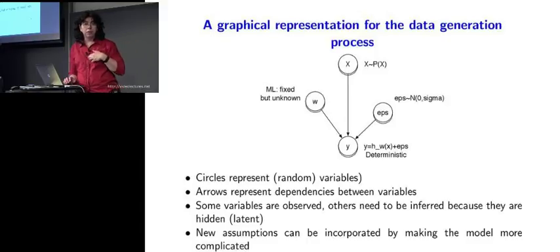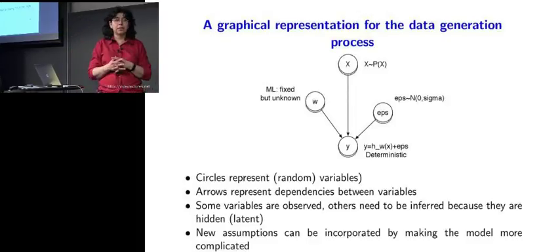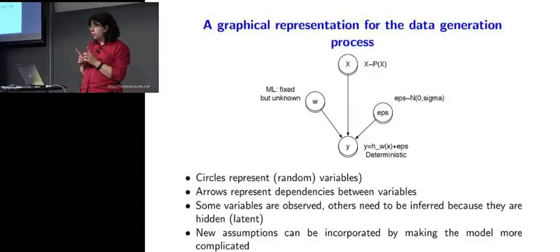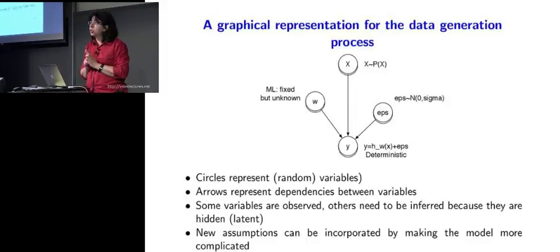Now, the W vector, we often think of it as searching, but actually we could think of it as a random variable that has its own prior distribution, okay? So we're going to talk in a minute about the Bayesian approach to regression. In that case, W actually has a prior distribution, okay? And so the outputs, we think of the outputs as being obtained through this hypothesis that depends on W, applied on the inputs X, plus some noise. And so this actually is a deterministic node in our case, okay?